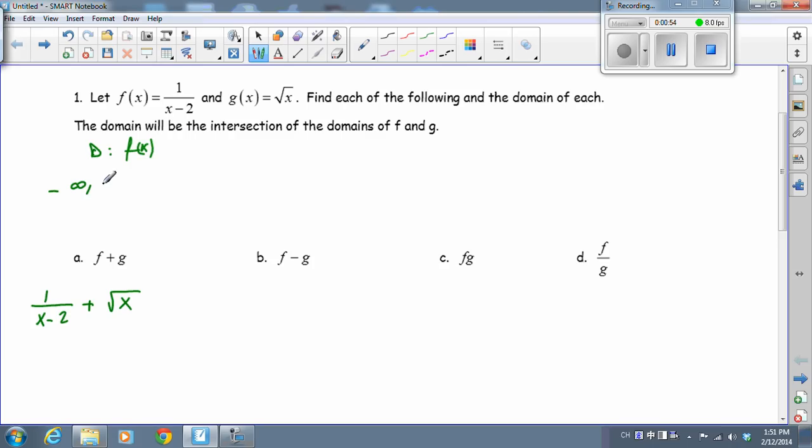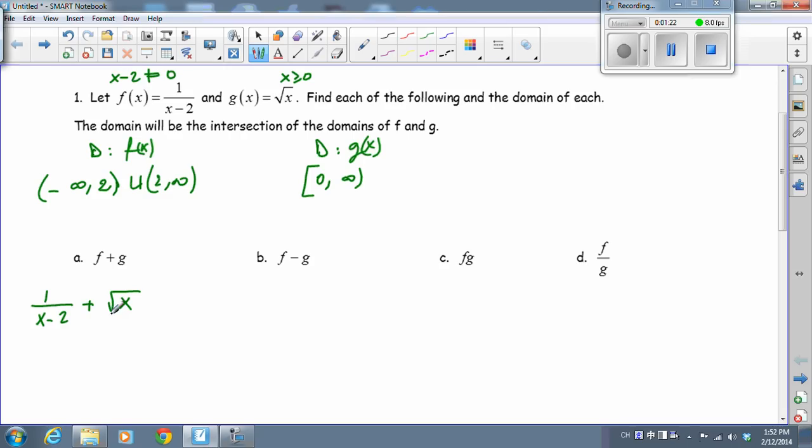So it's from negative infinity till 2 with a parenthesis at 2, union 2 till infinity. And the domain for g of x is all real numbers greater or equal to 0, or I will say from 0 till infinity, this time with a bracket. Because here you will say x is greater or equal than 0, and here you will say x minus 2 is not equal to 0.